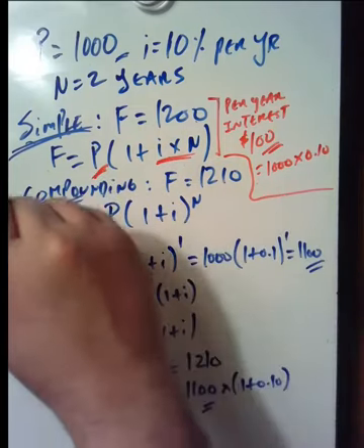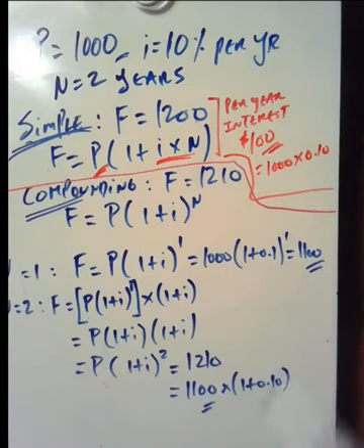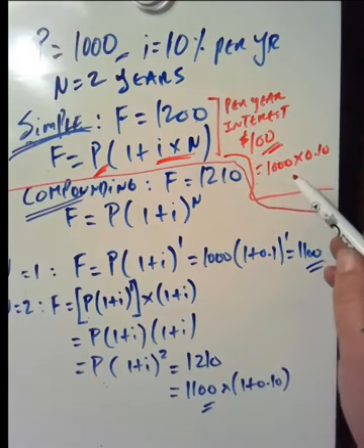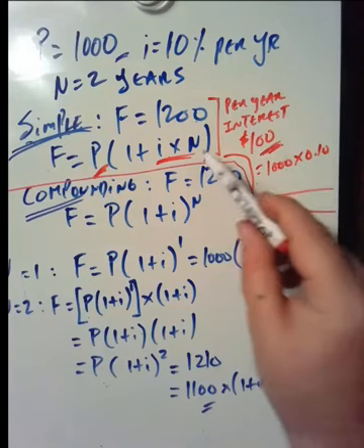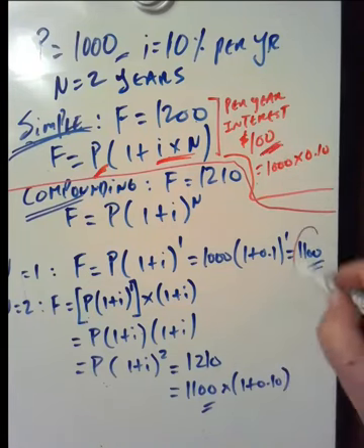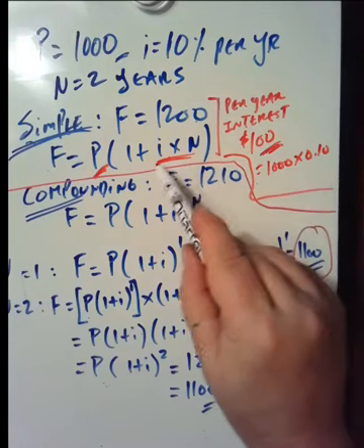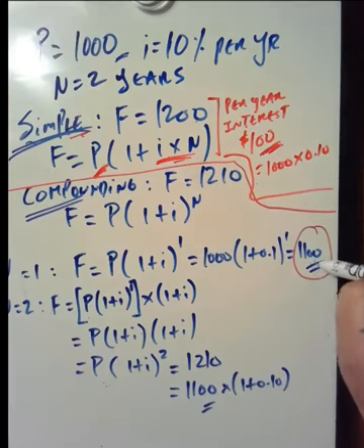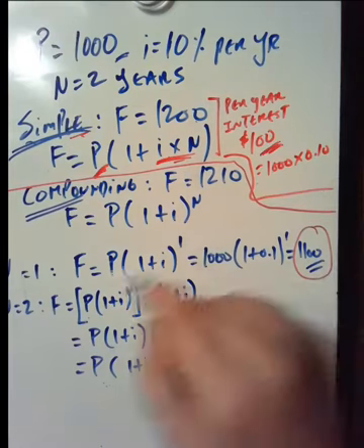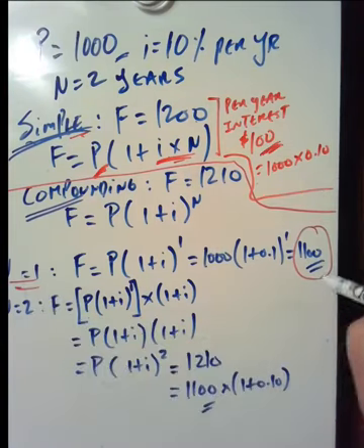In the compounding method, the amount of interest you earn is growing. In the first year, those two methods give the same result. Here you'll have 1,100 in the simple interest method after 1 year, and in the compounding interest method too.